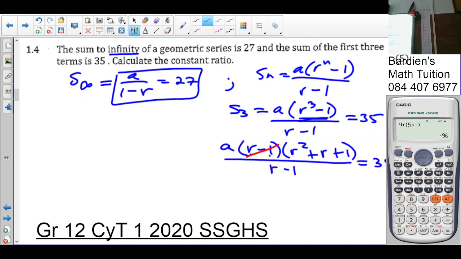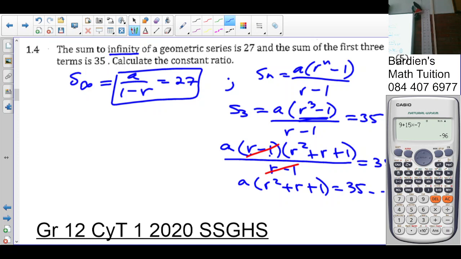So of course that cancels. So we have a into r squared plus r plus 1 is equal to 35. I could divide both sides by the bracket of r squared plus r plus 1 if needed, but I'm not going to do it at this stage. I'm going to call this equation 2.